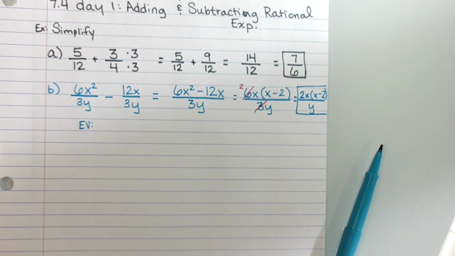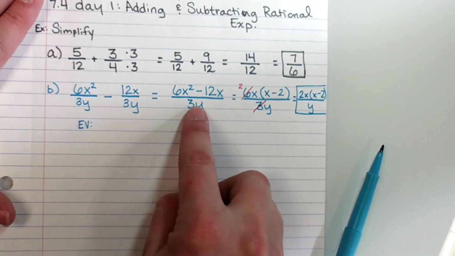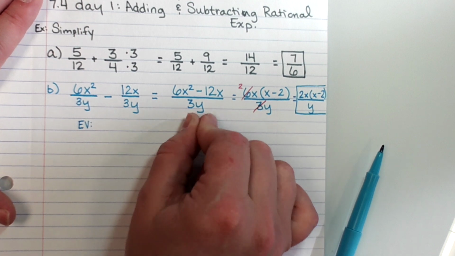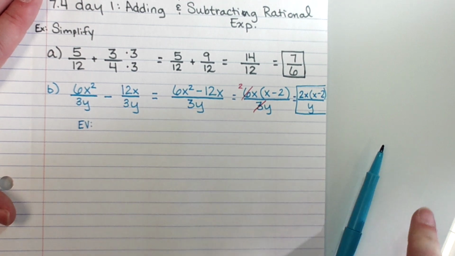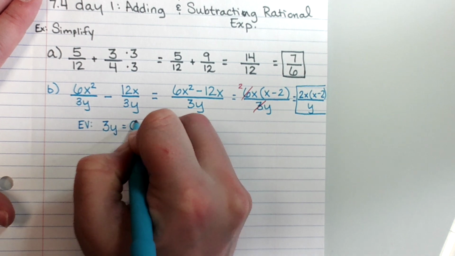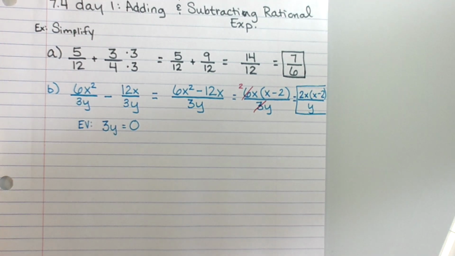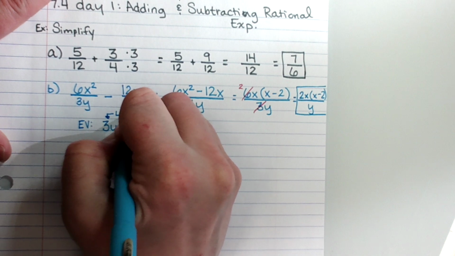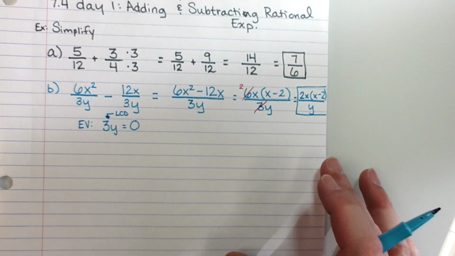So even if my denominators were different, which they're not, the least common denominator equal to 0 will be enough to get all excluded values. Unlike multiplying and dividing, where you have multiple denominators going on, the LCD will be enough when it's adding and subtracting. That least common denominator.